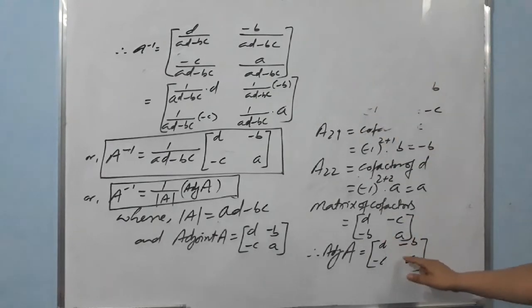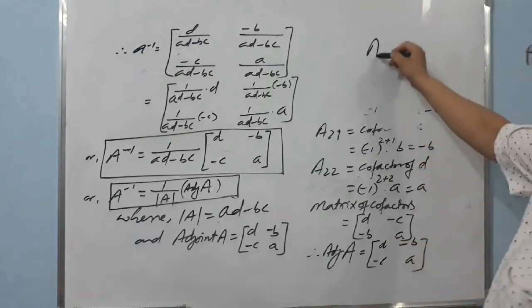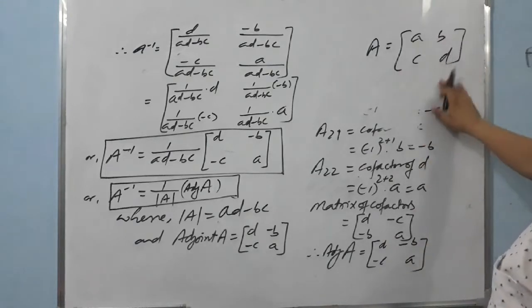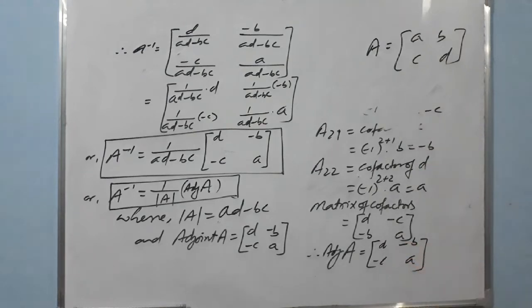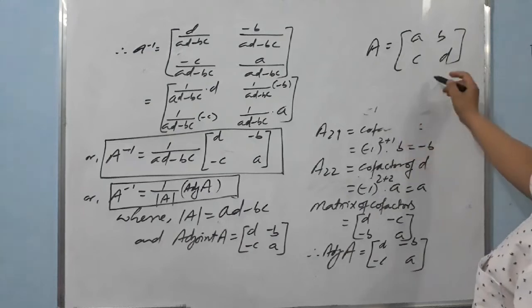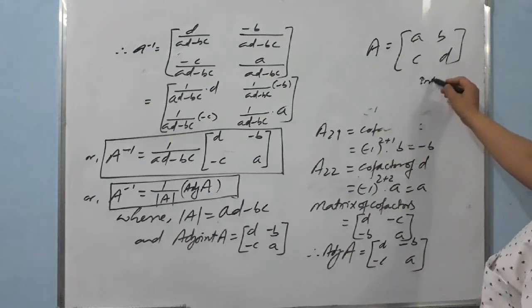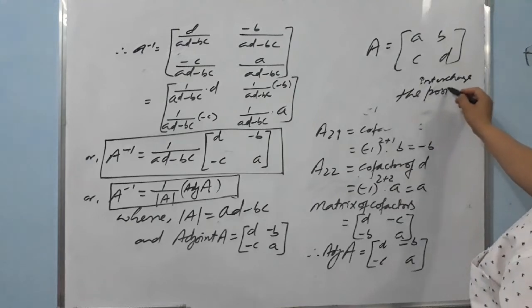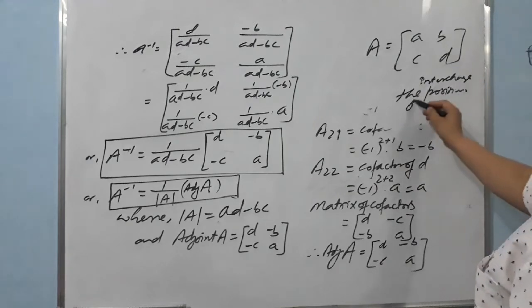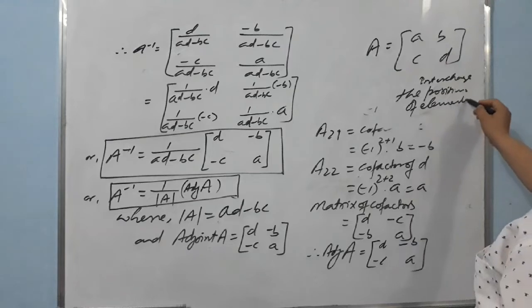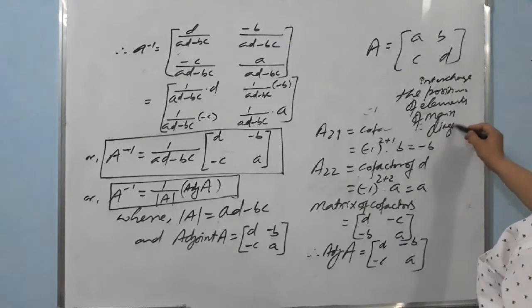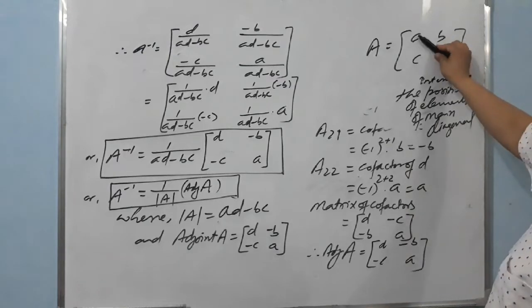If we see here, A is your matrix with elements A, B, C, D. In order to find the adjoint of A, you will just interchange the positions of the elements of the main diagonal. This is called your main diagonal.